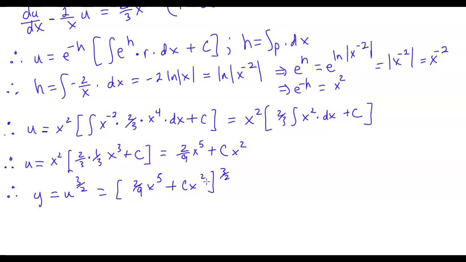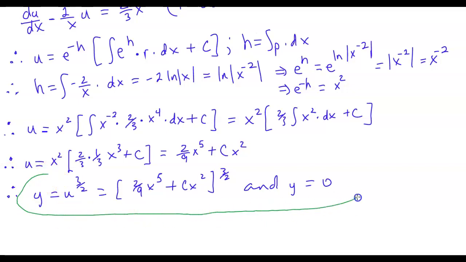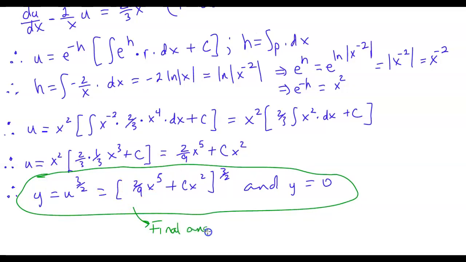And so that would be our final answer here, along with the fact that y equals 0 is a constant solution here. So take those two things and put them together, and this will be our final answer. All right, let's move on to the next example.